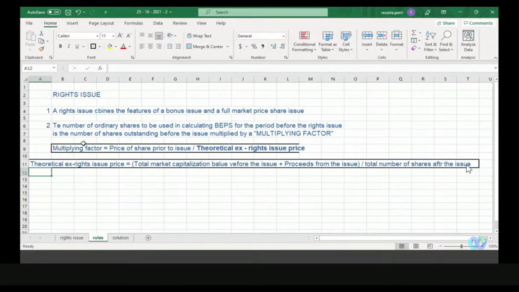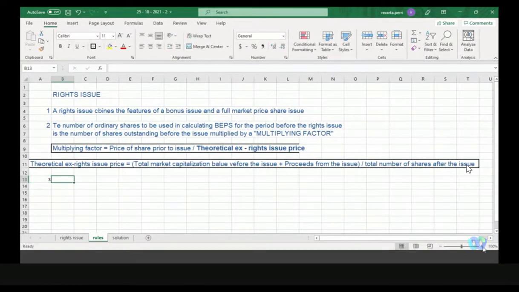Proceeds from the rights issue will simply be the product of the number of shares issued through the rights and the lower price at which they are issued. Then the total sum is divided by the total number of shares after the issue. Let's keep this in mind as common formulas that we will apply later during the solution.